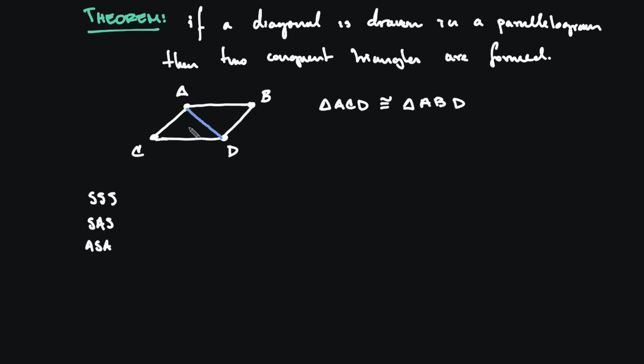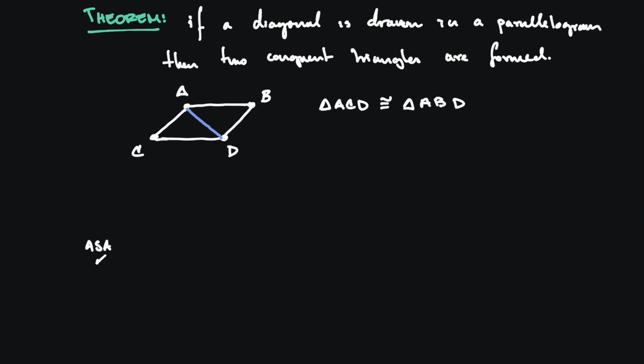Notice that in these two triangles, AD is a common side. So we have a side, and we only need to look for two angles. If we choose the other options, we're missing one side and one angle, or two sides. So it will be better if we go for angle-side-angle.